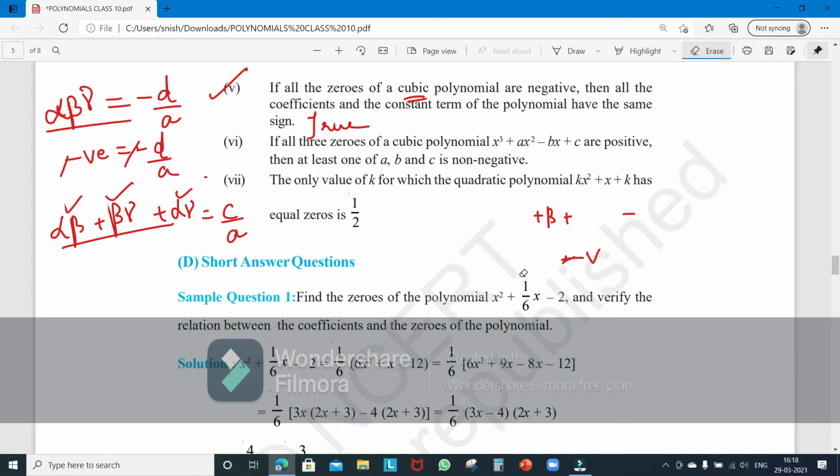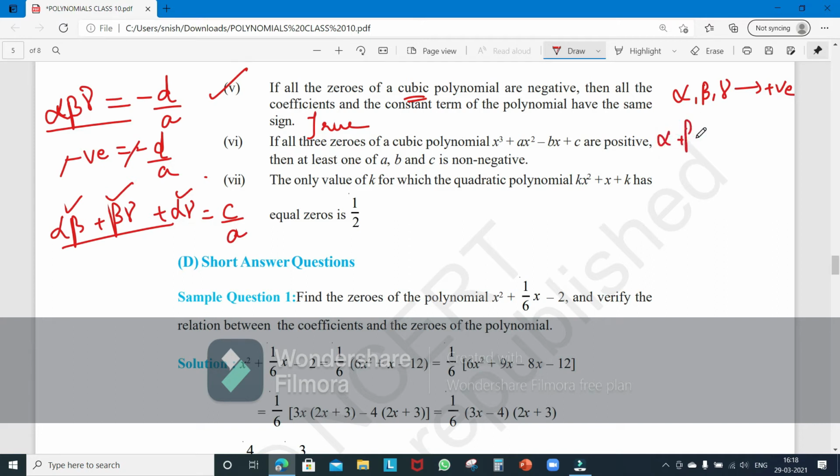If all 3 zeros of this cubic polynomial are positive, then at least one of these is non-negative. Non-negative in the sense positive or 0. So if alpha, beta and gamma, all the 3 are positive, then what conclusions can we draw?